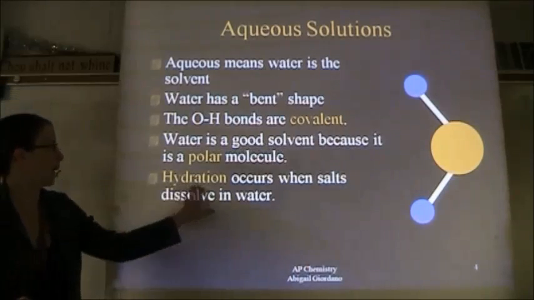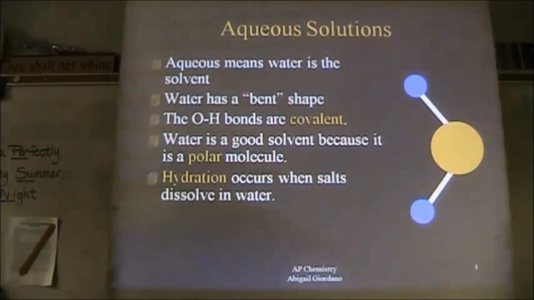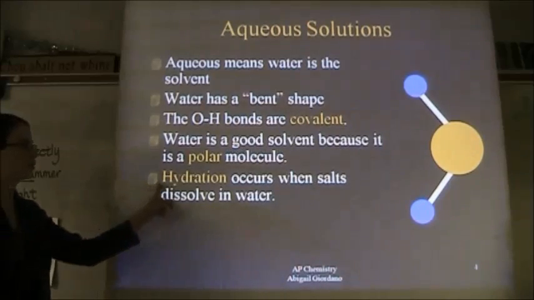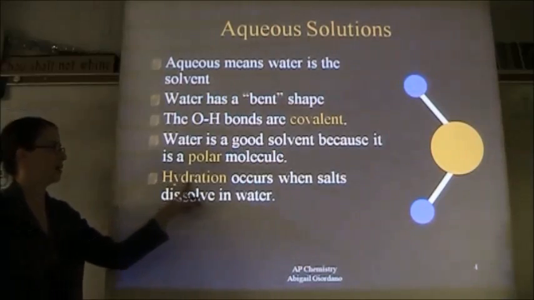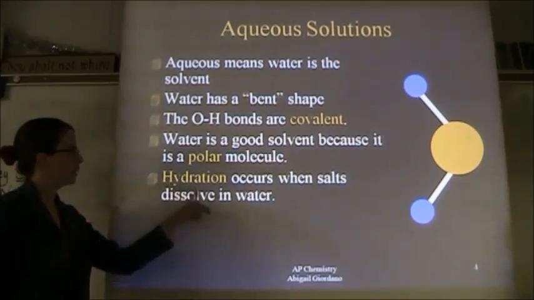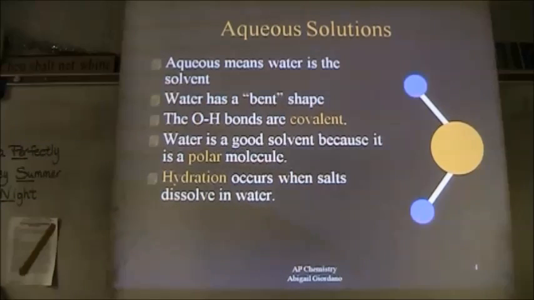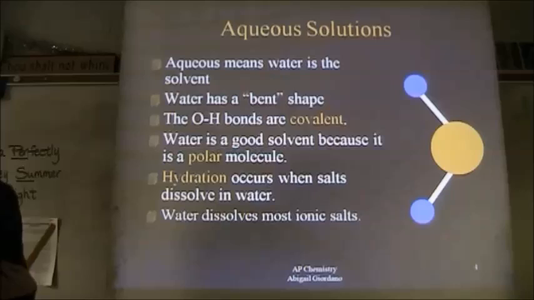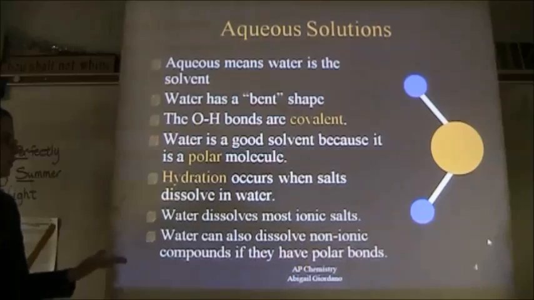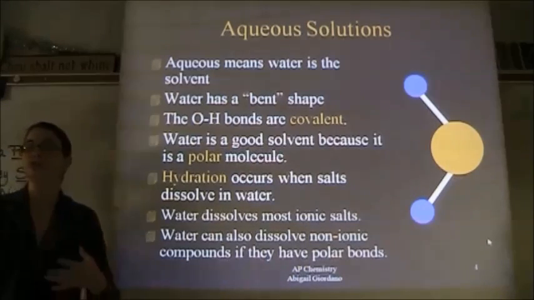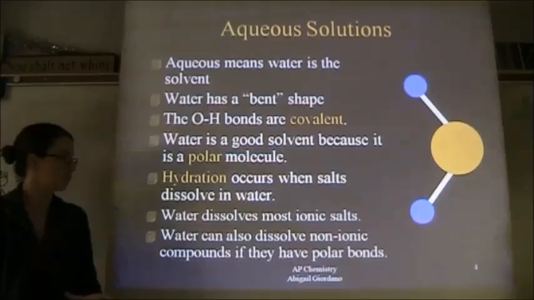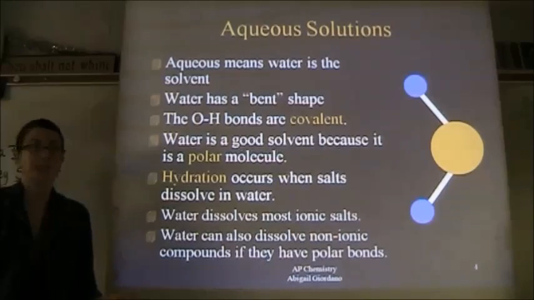All right, here's another vocabulary word, hydration. It just means a salt dissolving in water. I mean, this prefix, hydr, hydrate, hydro, that always is the prefix for water. And here's the thing, okay? When I say water will dissolve most things, let's be specific.